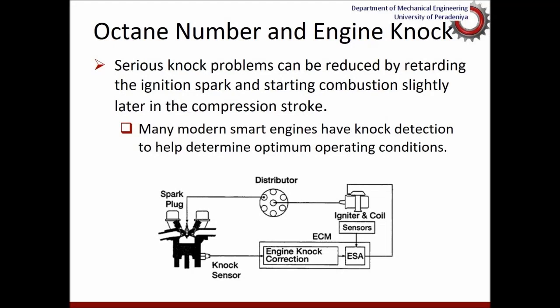So there is a knock sensor fitted to the engine, and that monitors whether the engine experiences some kind of vibration, knocking kind of thing, and then the spark advance is set based on the signal that you get from the knock sensor. So if the knock sensor reads some knocking or vibration, then the spark is retarded in order to make sure that knocking would not take place under that condition.